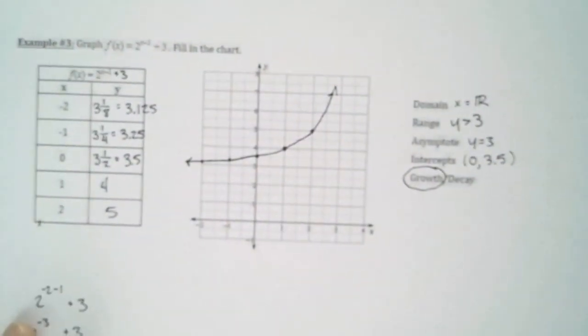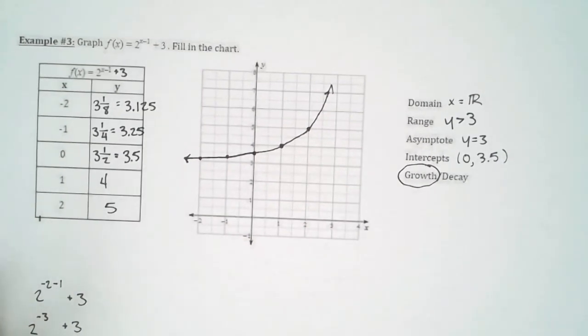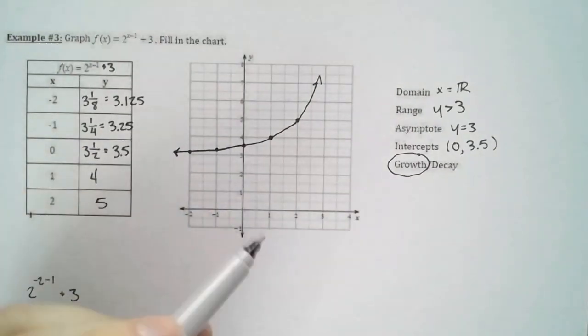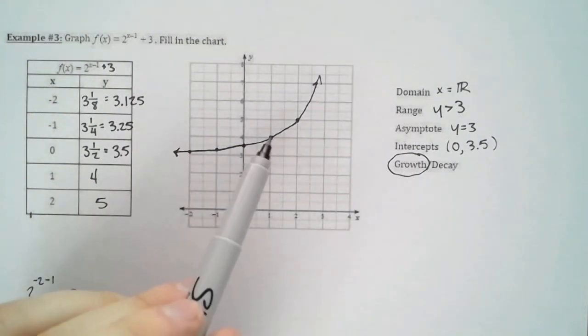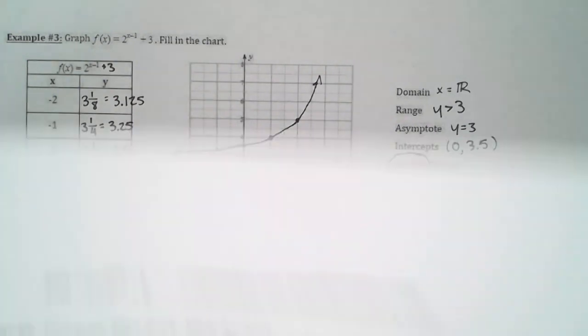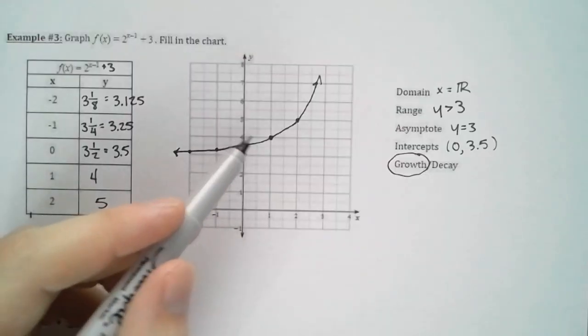So what we want to notice here, compared to the last example, is what happened when we had this -1 here. So notice the -1, this used to be our y-intercept. If we look at the last example, we had a y-intercept of 0, 4. This point has been shifted to the right over here.